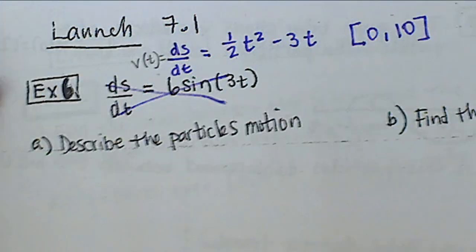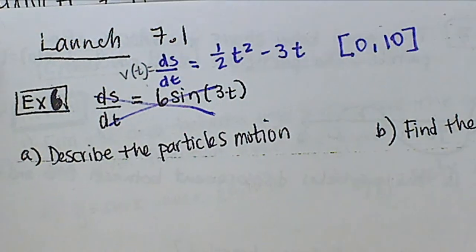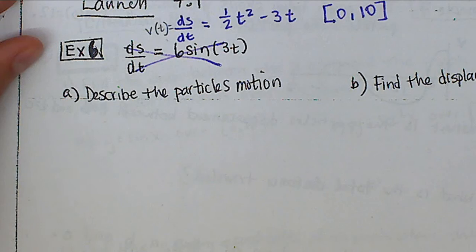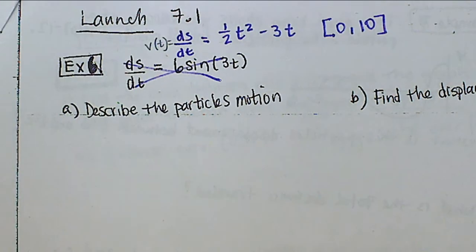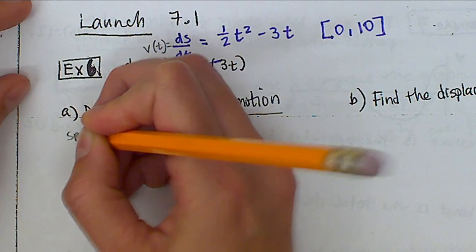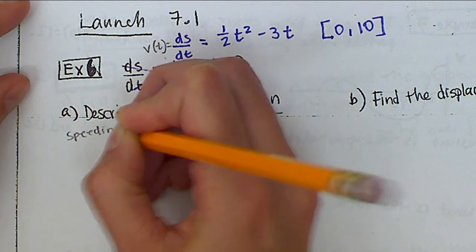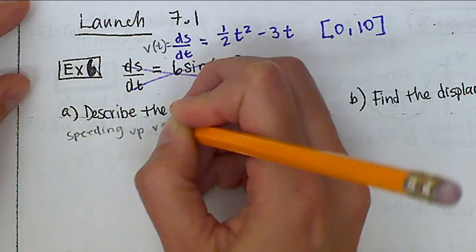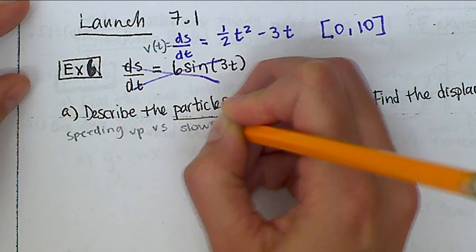Part A asks you to describe the particle's motion. I remember we did this first semester and people really struggled with this, so I wanted to review what this means. The particle's motion is talking about whether it's speeding up versus slowing down.